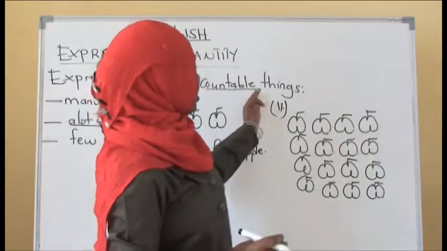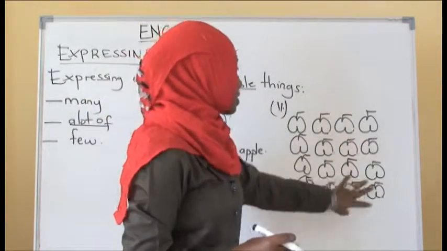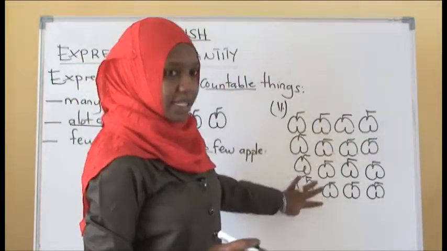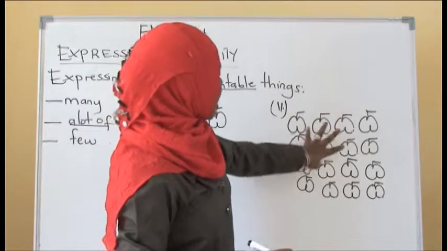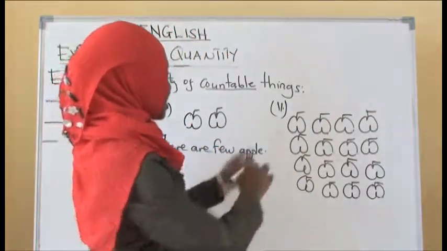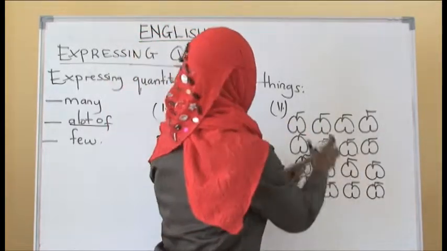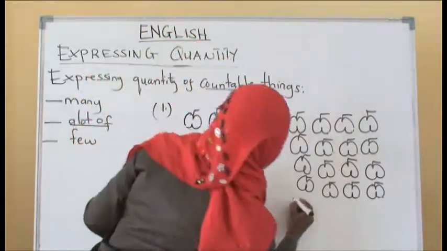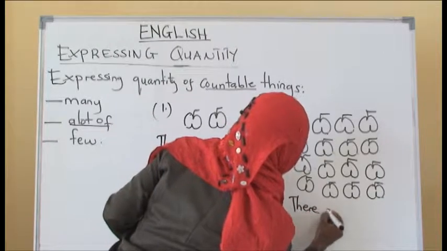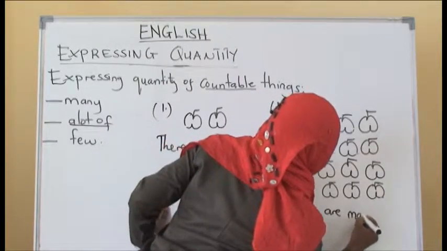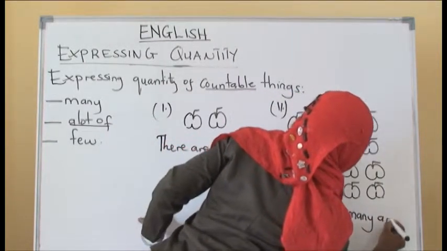And going to number 2, we have so many apples here. And if you are asked, are they many or few? Because these apples are very many, if you try to count them, they are very many. You will say there are many apples.